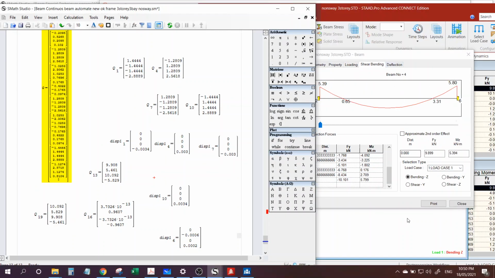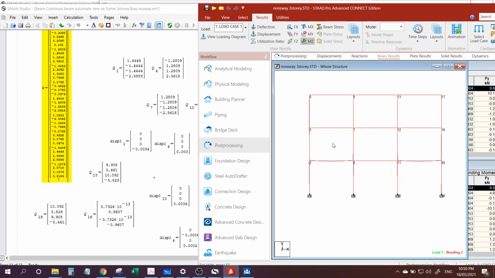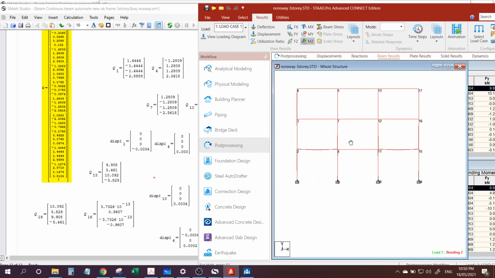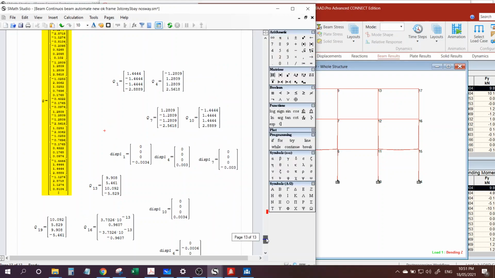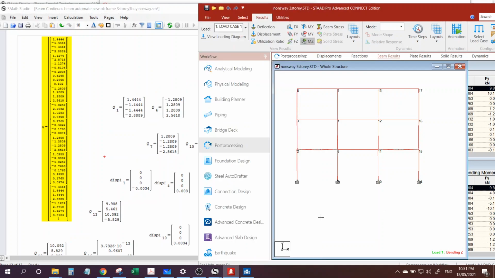Okay, so that means this is good. This is correct. Okay, so that's it. Using the S matrix, you can analyze a multi-story building non-sway frame.